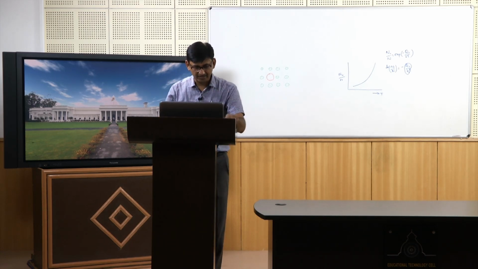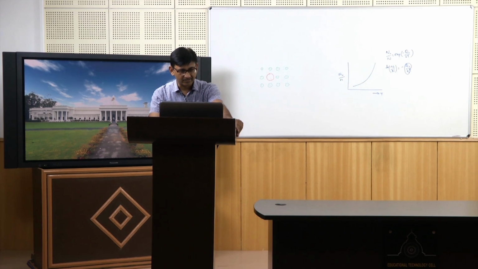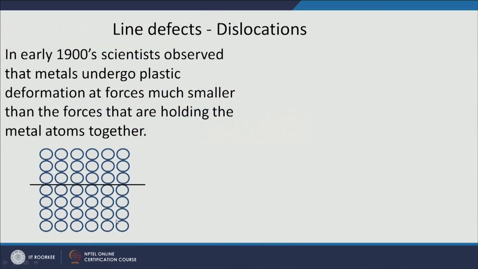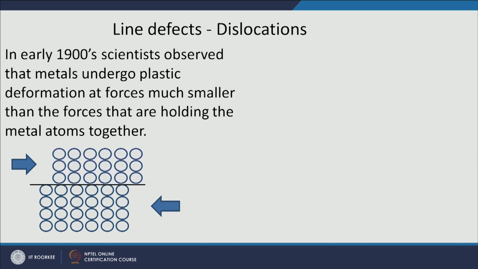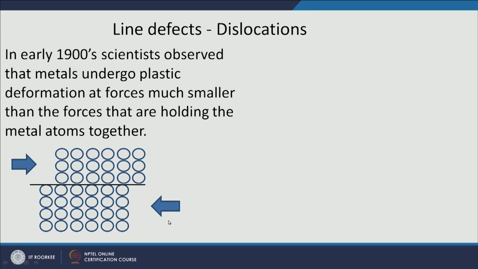Okay. For example, I can show you this animation here. So, you have an arrangement of atoms, okay, and I have shown a plane with a black line here, and I am applying shear stress on this arrangement of atoms, and because of that there is a sliding of atoms. Okay. So, the upper half of atoms is sliding over the lower half.